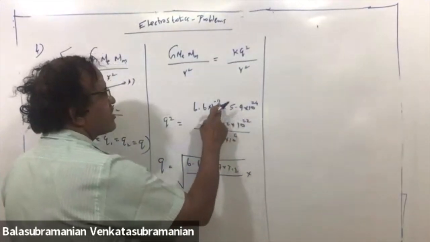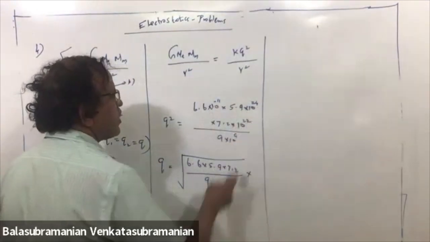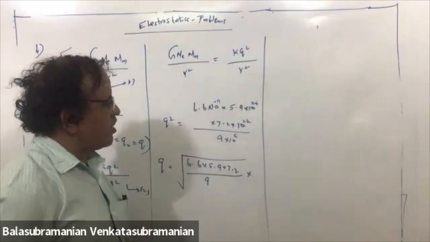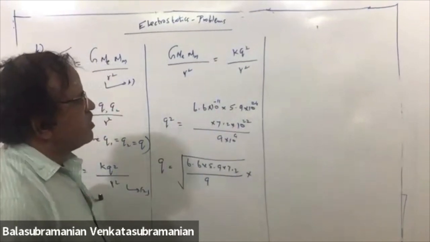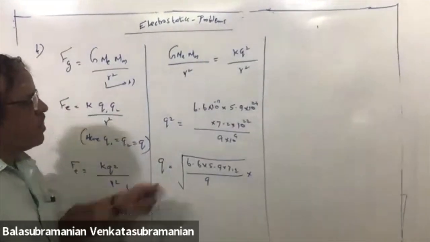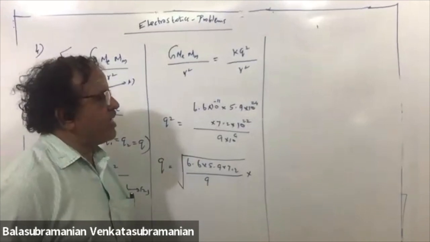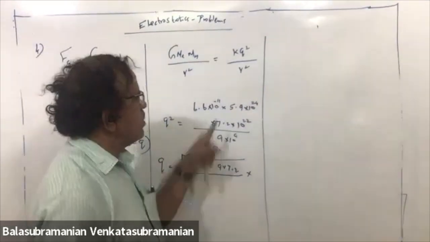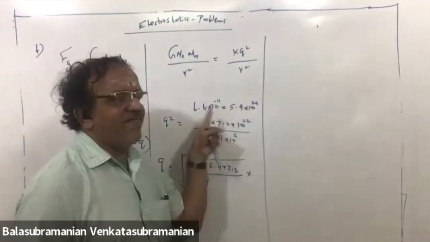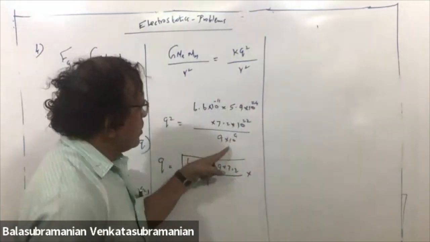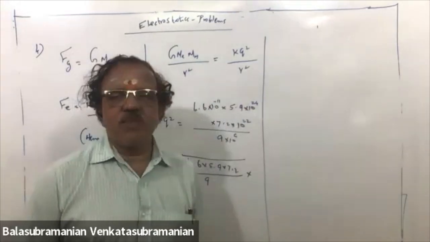10 power minus 11, 10 power 24, 22 is 46. Minus 11 means 35. Then this will become minus 9 here. 46 minus 11, 10 power 35. This 9 will go to numerator as minus 9.